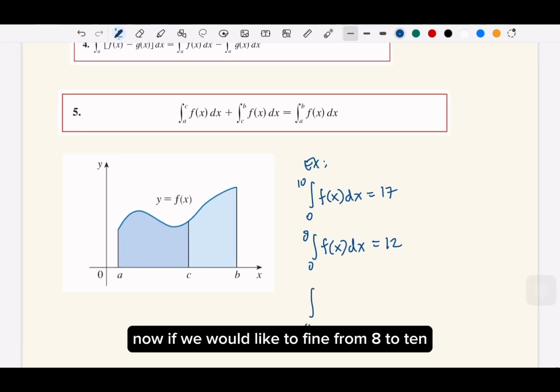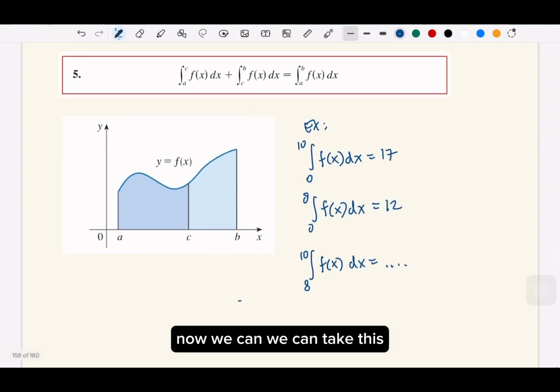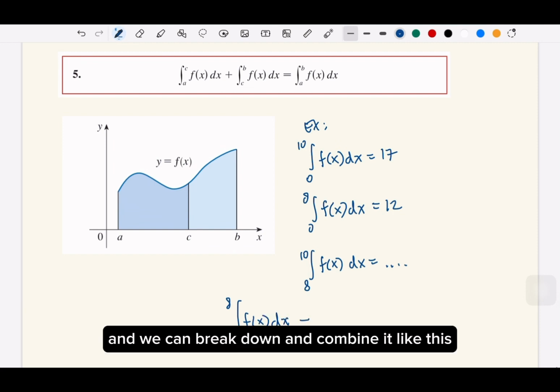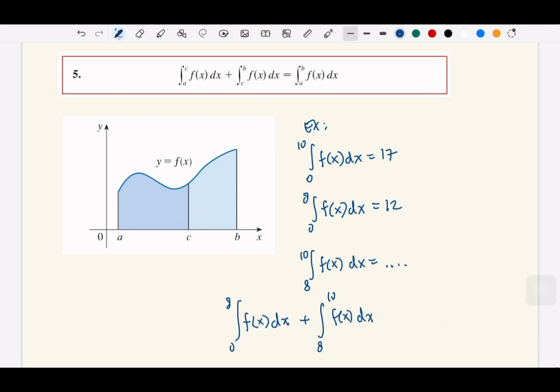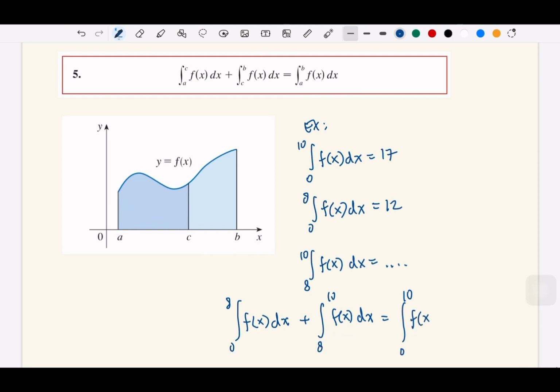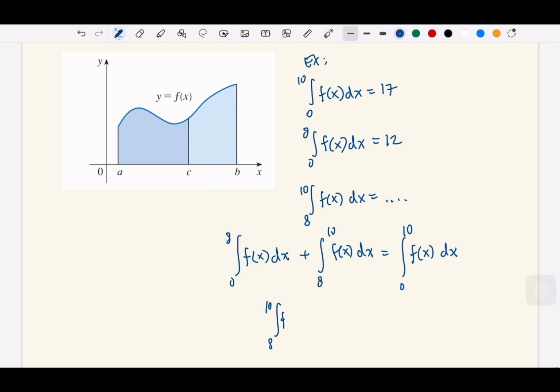Now if we would like to find from 8 to 10, we can take this and break it down and combine it like this to get the whole from 0 to 10, which basically we can get this minus this.